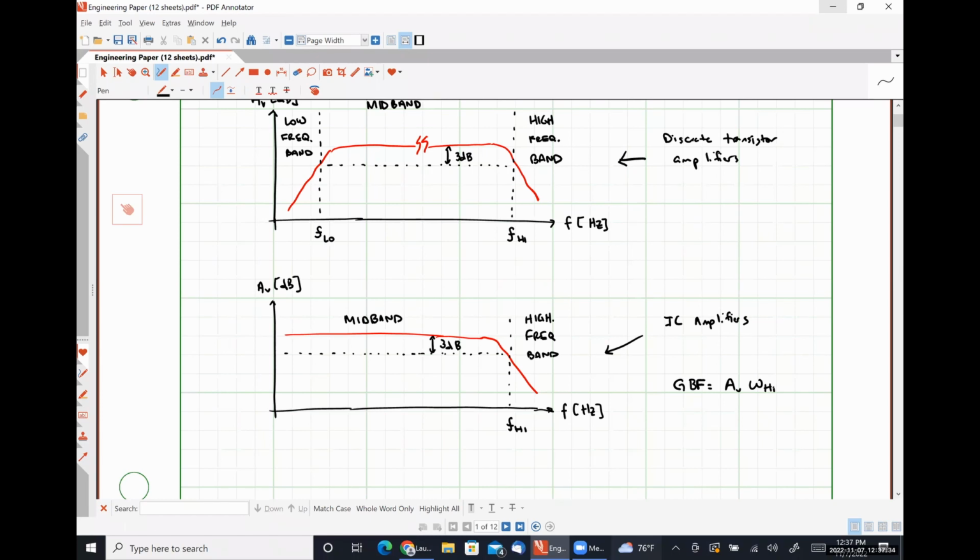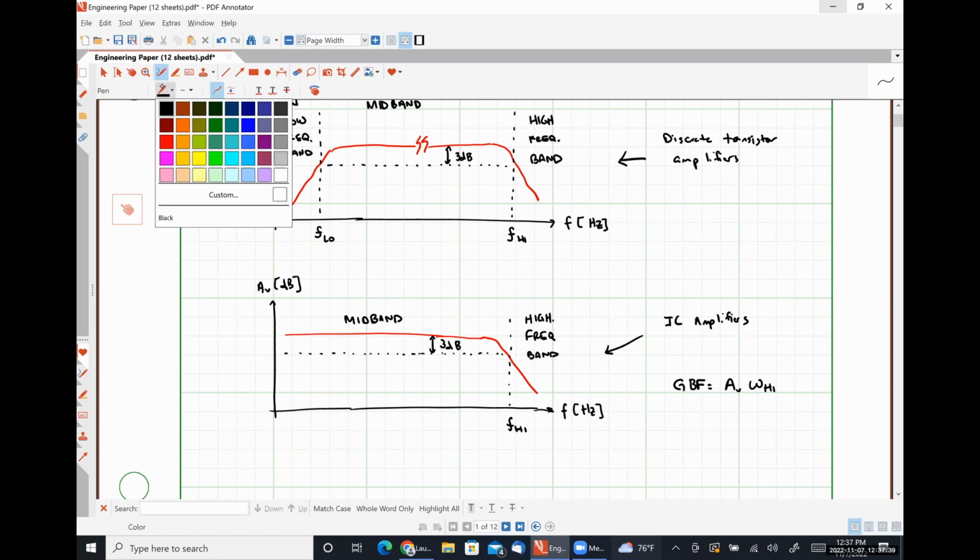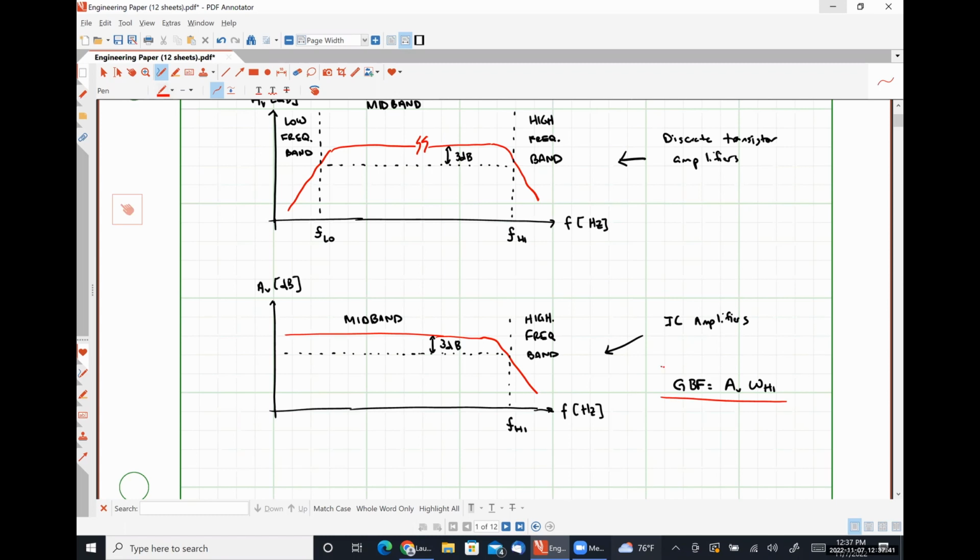They're effectively the same thing, okay? So this is the quantity that we are going to use as a figure of merit.